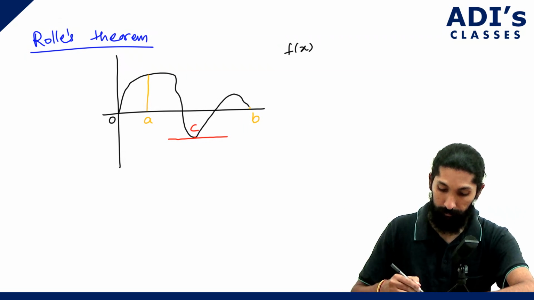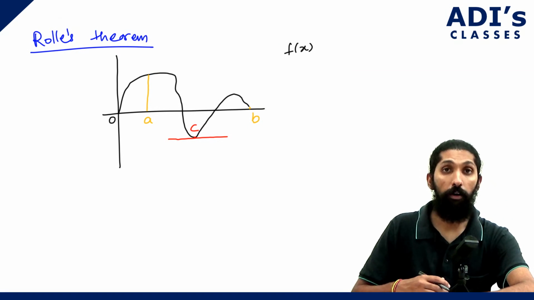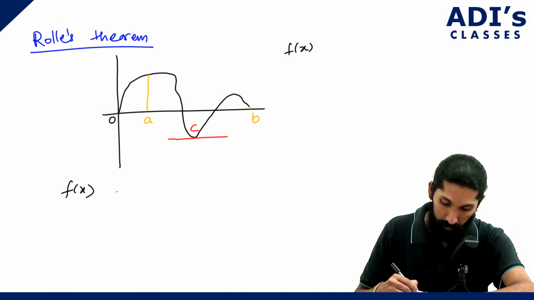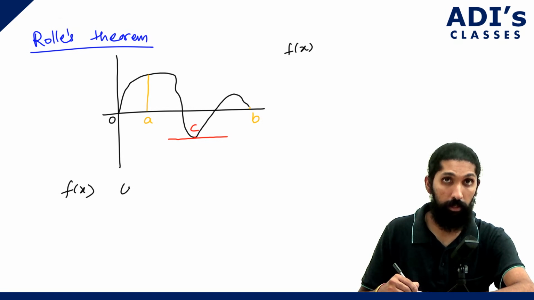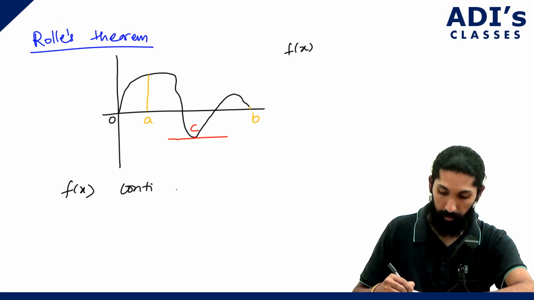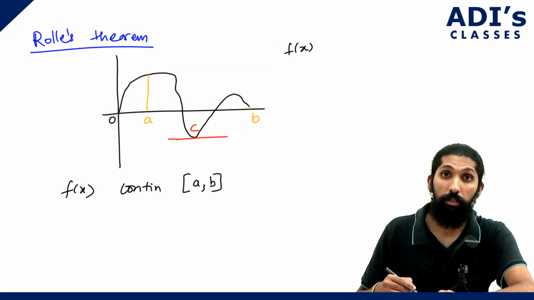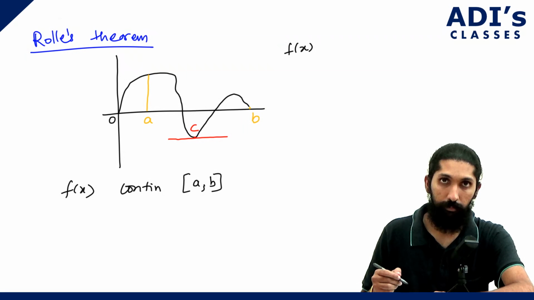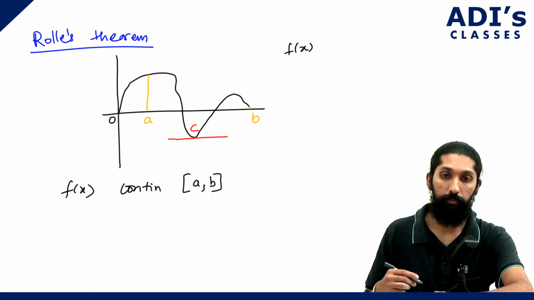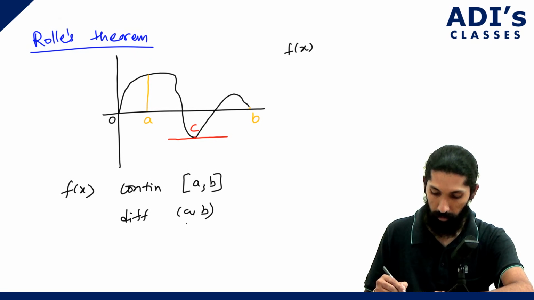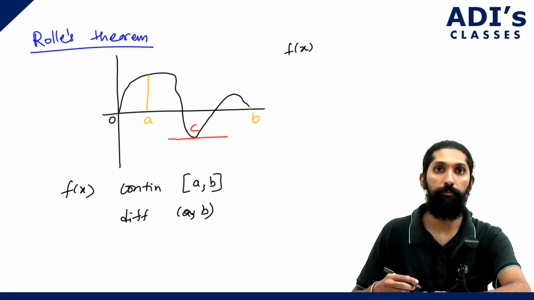So we have a function f of x, and first, it has to be continuous, correct? It has to be continuous in [A, B], the first condition, or this is how you define it. Then it also has to be differentiable in (A, B), correct?